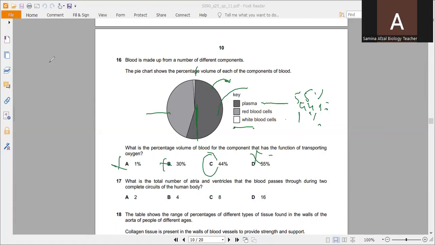What is the total number of atria and ventricles that the blood passes through during two complete circuits? So in this question, two atria are there and two ventricles are there.